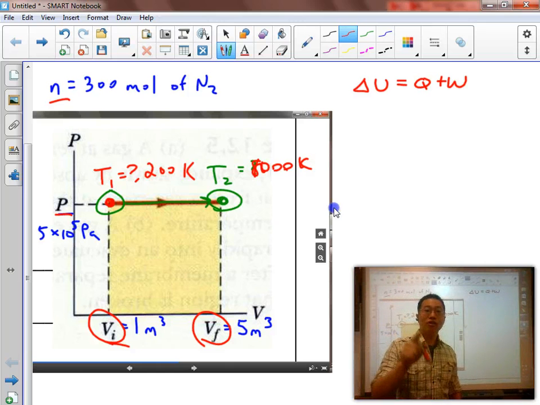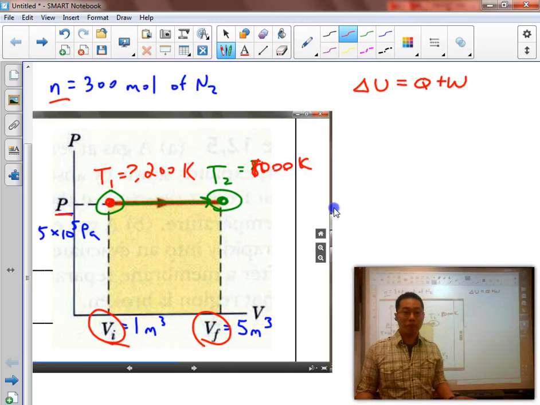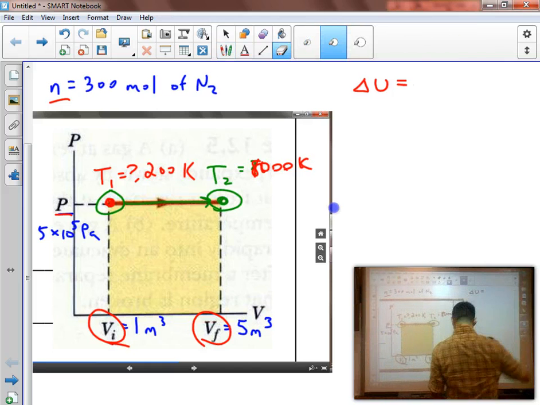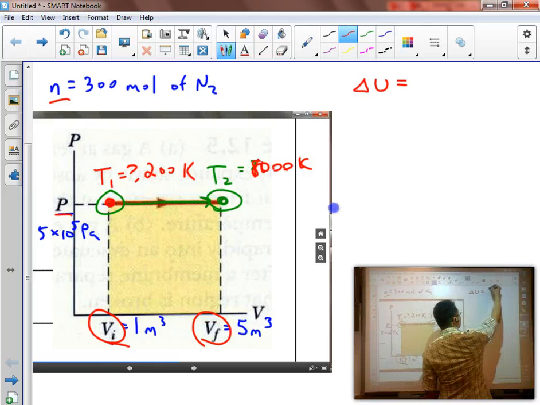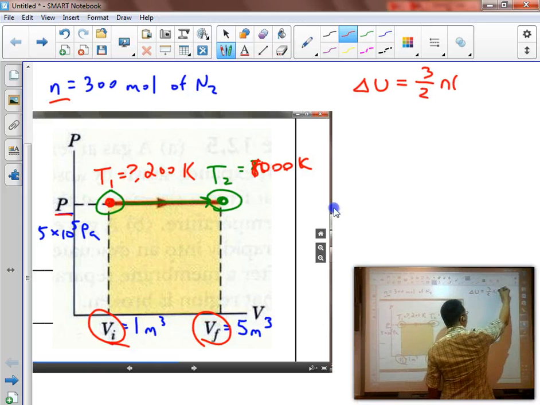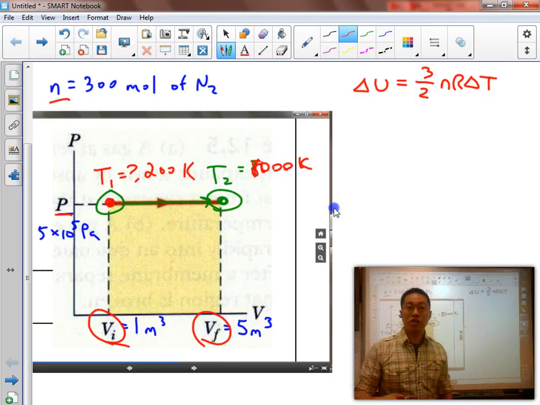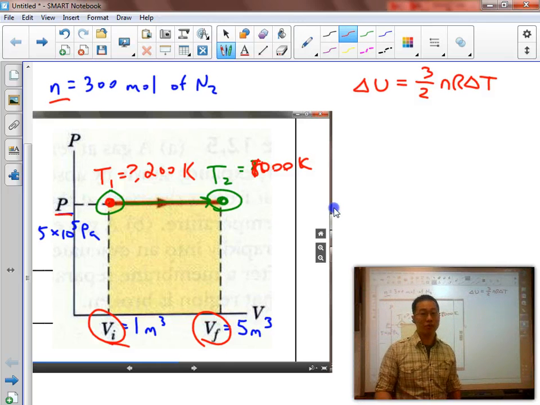We can solve for the work involved, but we don't know heat. So rather than using delta U equals Q plus W, we could use delta U equals 3/2 nR delta T to solve for the change in internal energy based on the change in temperature.